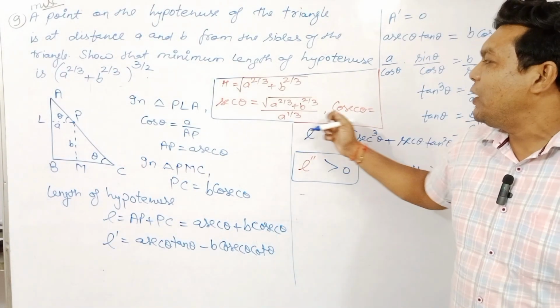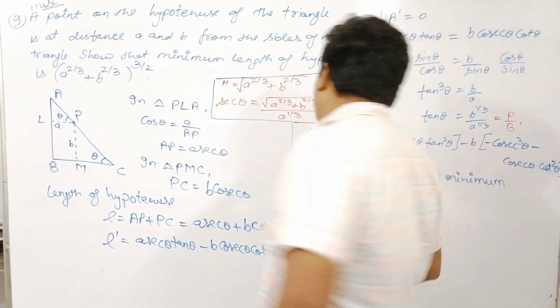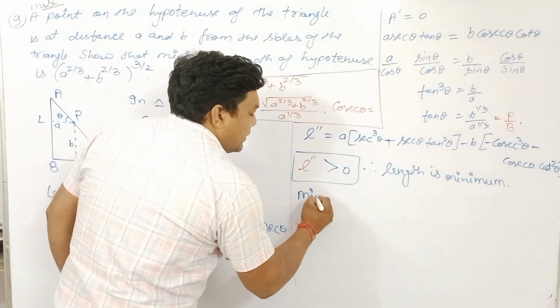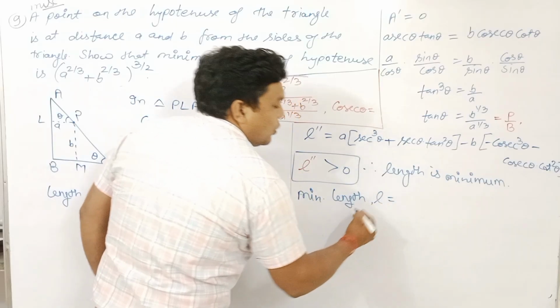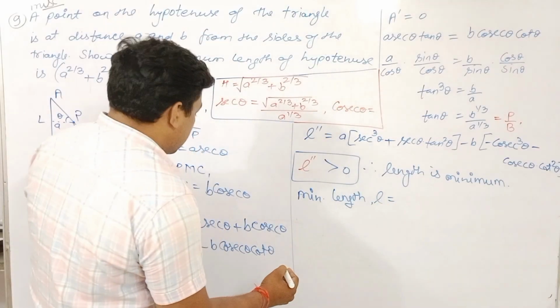Now we have sec theta and cosec theta already. So therefore, minimum length L is equal to what? A sec theta.